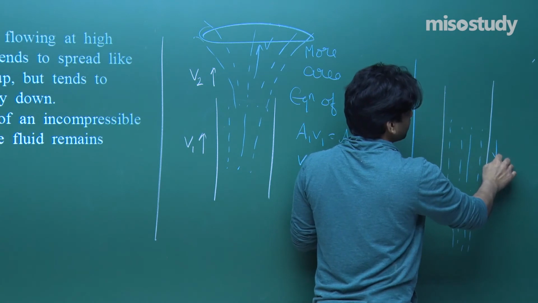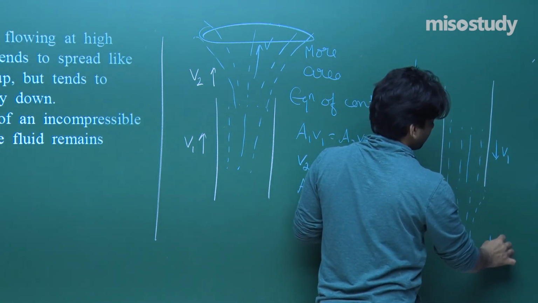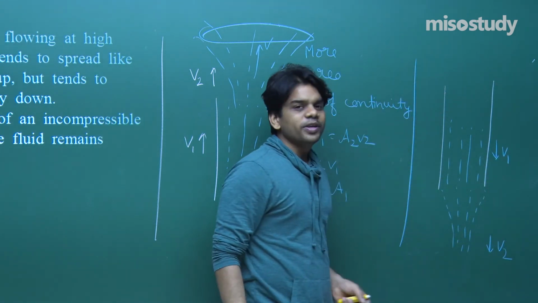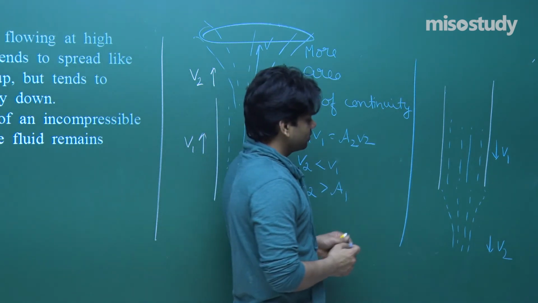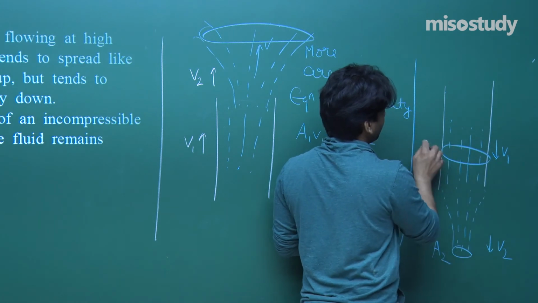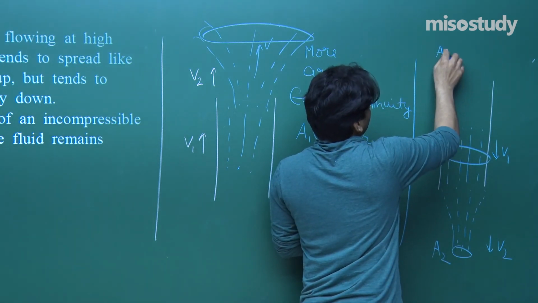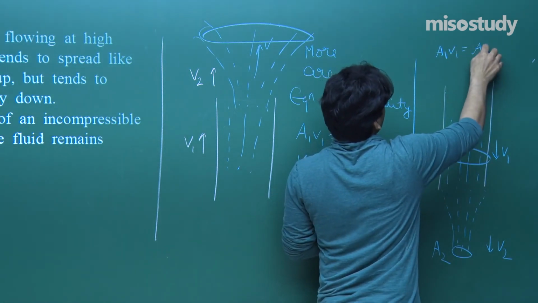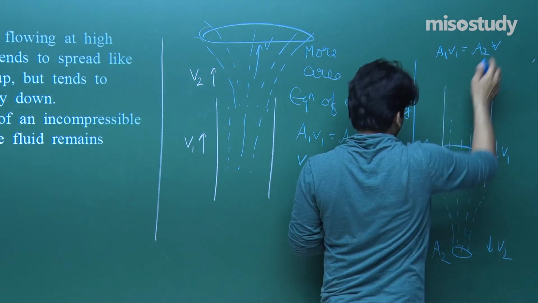If the velocity here is V1 and velocity here is V2, quite simple, V2 will be more than V1. If I write the areas as A1 and A2, again from the equation of continuity, A1 V1 equals A2 V2.